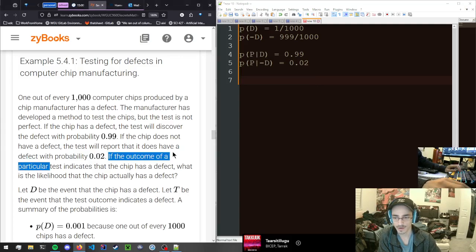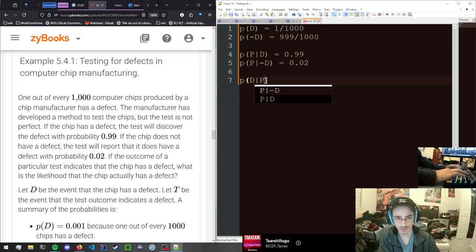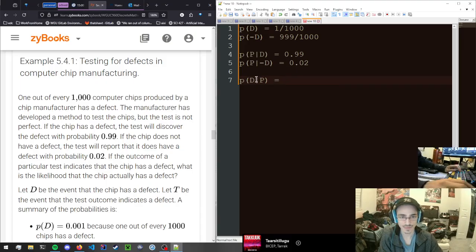And then if the outcome of a particular test indicates that it has a defect, so it'll return positive, what is the likelihood that it has a defect? What is the chance that it actually has a defect given that the test returned positive?